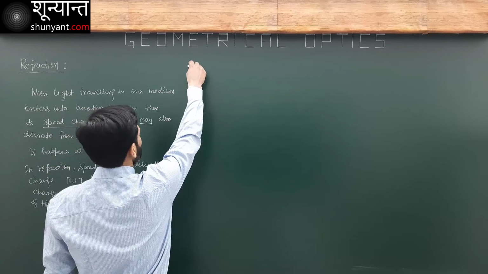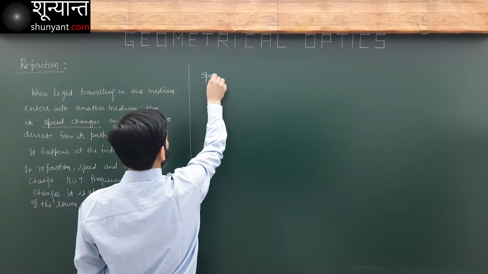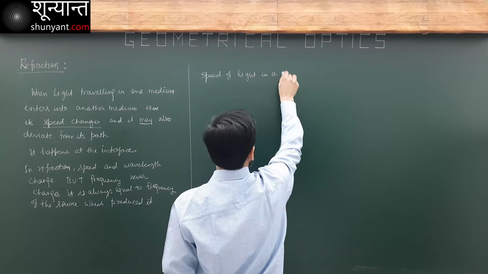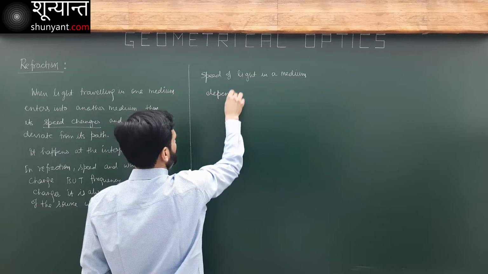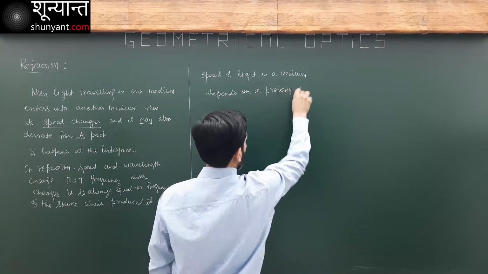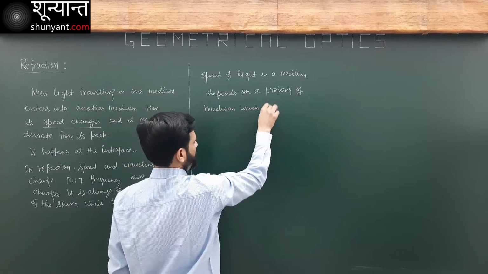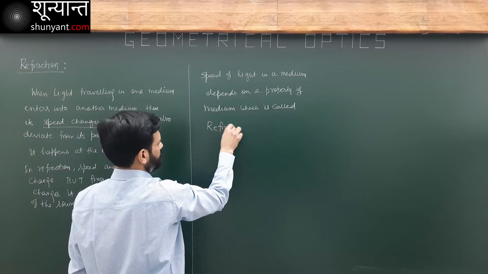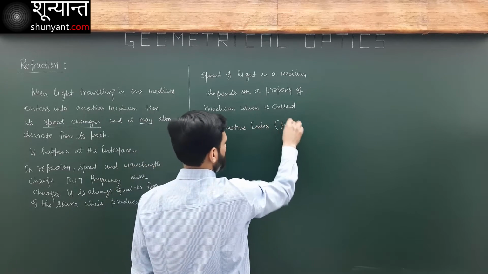Now, how does the speed depend on the medium? The speed of light in a medium depends on a property of the medium which is called refractive index, mu.